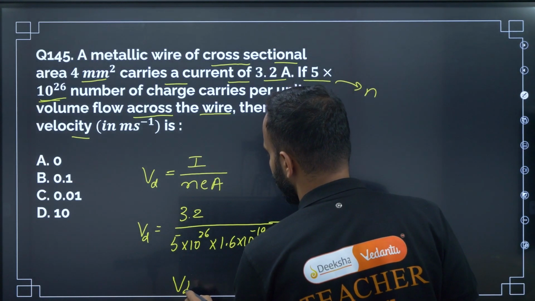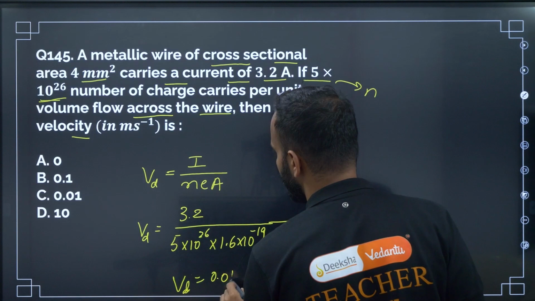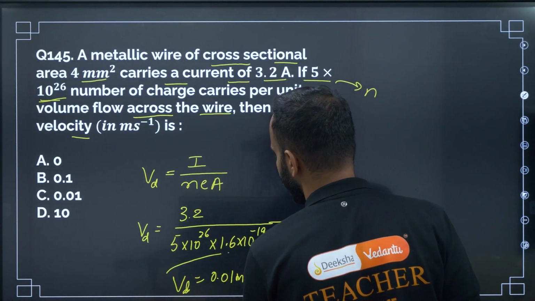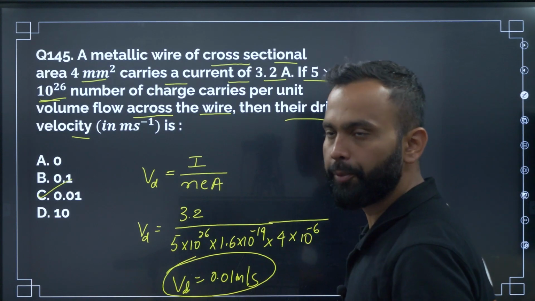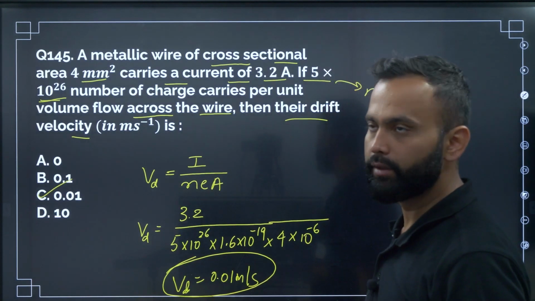So now solve this, you will get Vd equal to 0.01 meter per second. Okay, so the correct option is C. I hope everybody understood. So this one is a direct question, right?